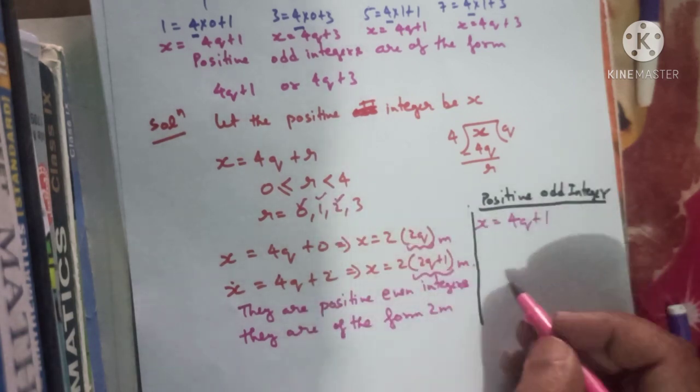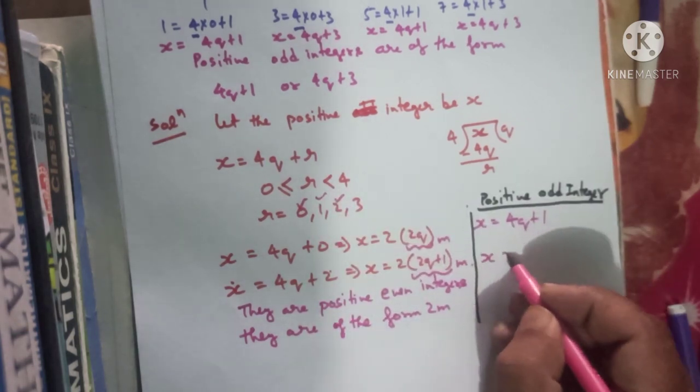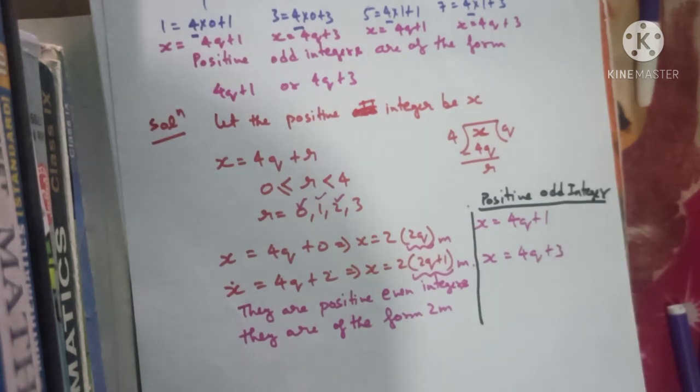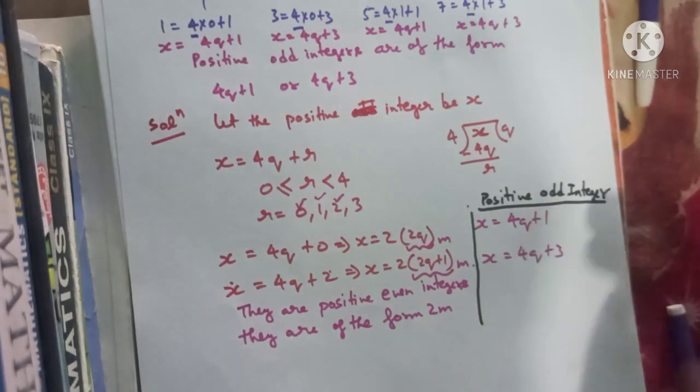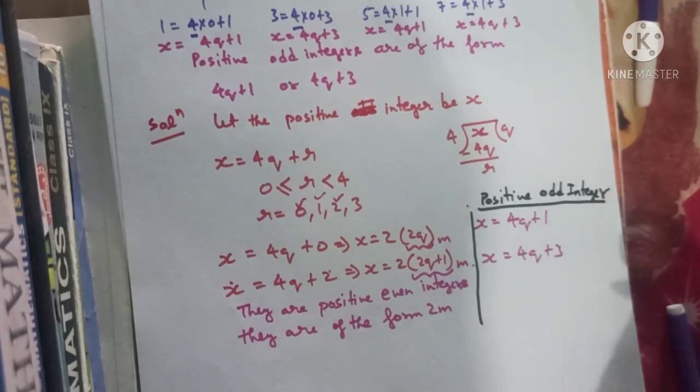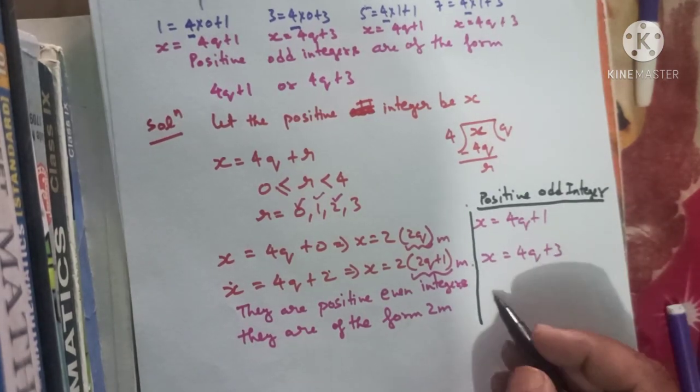Similarly, 1 we have taken. Now what is left? 3 is left. So it can be written as x equals 4q plus 3. This is what we have to prove: only 2 types of positive odd integers are possible, that is 4q plus 1 and 4q plus 3.